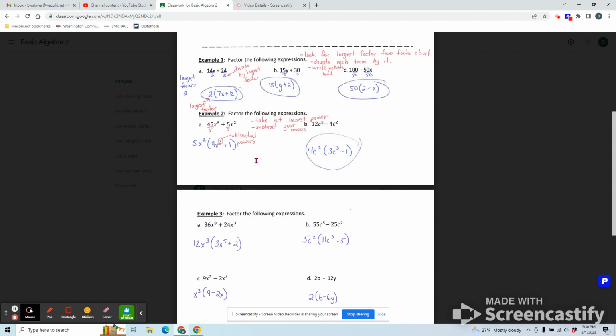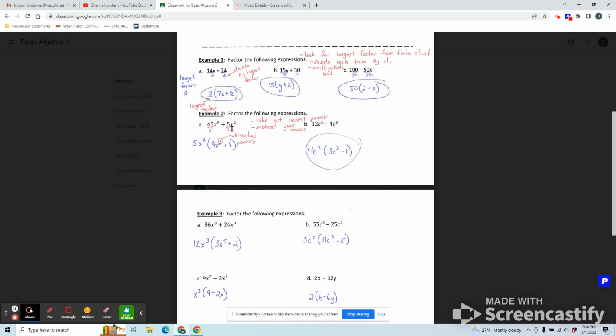Example 2, same concept, but now I'm adding in a greatest common factor that has more than just a number. It's going to have a number and a variable. We're doing the same thing. Find the greatest common factor number that goes into both of them. In this case, it's 5. Then I check my variables. They both have the letter x.